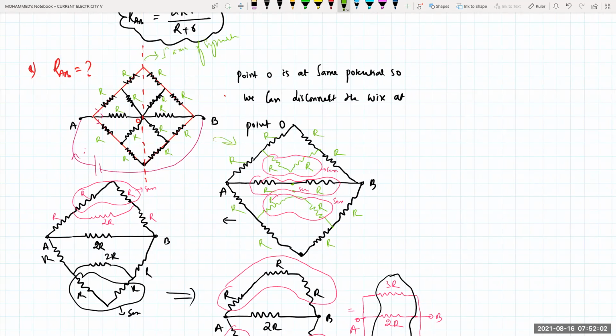So I'm removing it. This R and this R will come here. The middle one is R, and this one is also disconnected. So this R and R are in series, the middle one is also R and R in series, and the bottom one is R and R also in series. This R and this R are in which combination? Series. So this is 2R, this is 2R. 2R and 2R are in which combination?